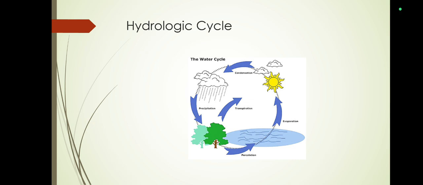Each path of the hydrologic cycle involves one or more of the following aspects: transportation of water, temporary storage, change in stage, etc.